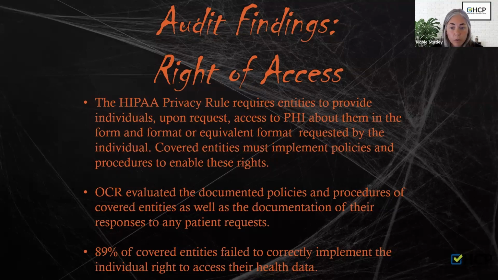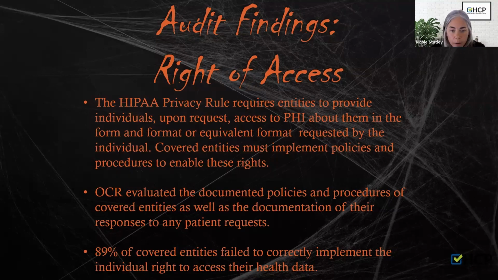So in this audit, the OCR evaluated the documented policies and procedures of covered entities, as well as the documentation of their responses to any of the requests. So, right, when you think of audit, usually they're going to look for some sort of audit trail. When did the patient make that request? Within how many days did you at least respond to the request? And then within how many days did you actually produce what the patient was asking for?